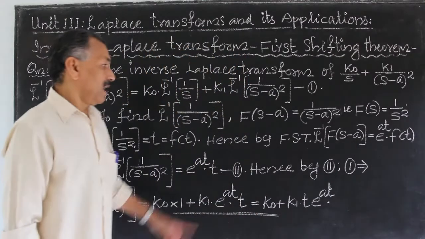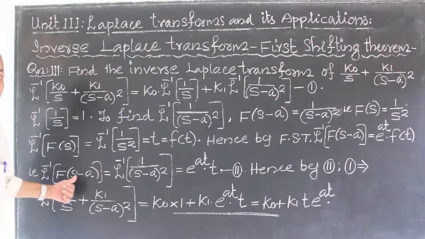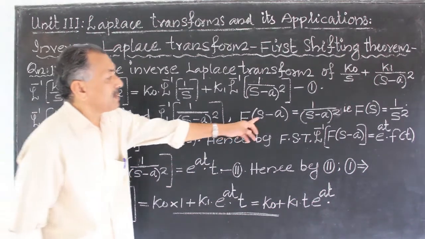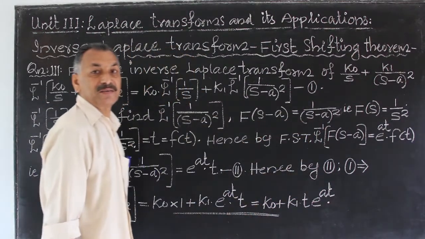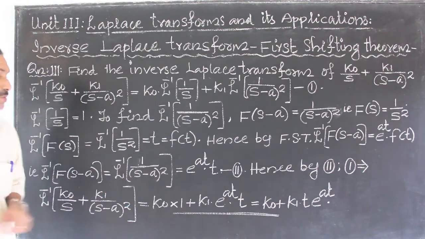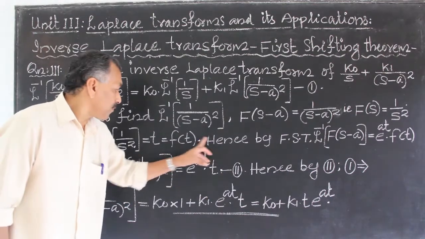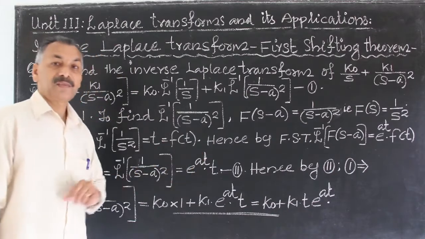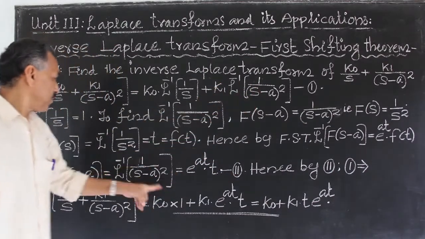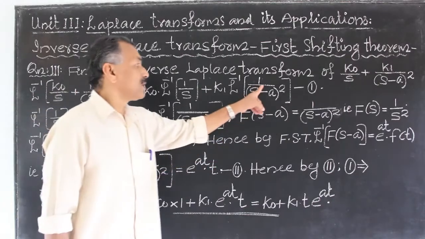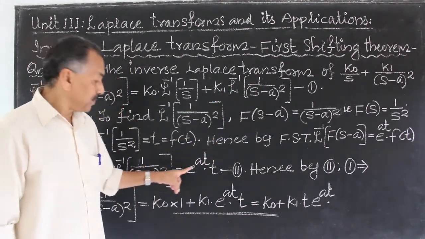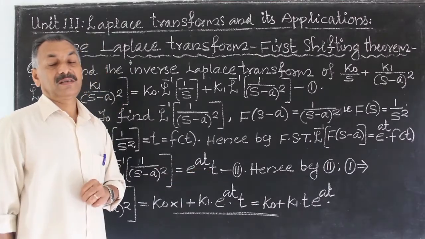That is L inverse of f of s minus a. What is f of s minus a? It is equal to 1 divided by (s minus a) square. That is, L inverse of 1 divided by (s minus a) square is equal to e raised to a t into f of t. What is f of t? It is equal to t. So the value of L inverse of 1 divided by (s minus a) square is equal to e raised to a t into t.